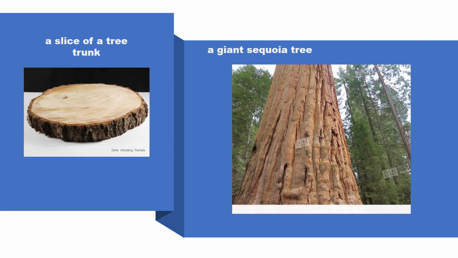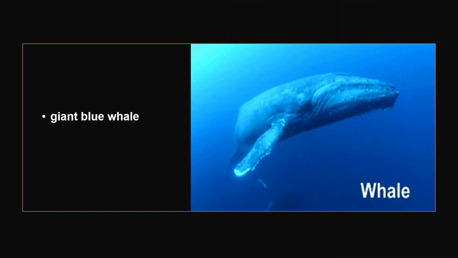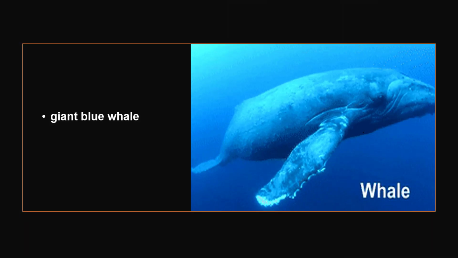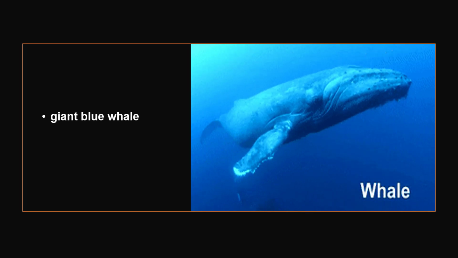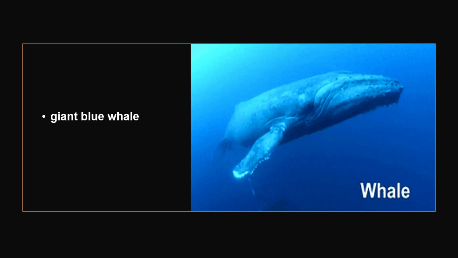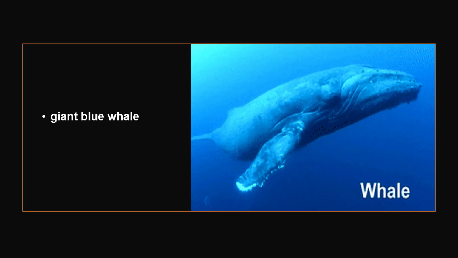A slice of a tree trunk for a giant sequoia tree. قطعة من شجرة السيكوايا. Slice. The next one, a giant blue whale. الحوت الأزرق العملاق أو الكبير جدا، طبعا حجمه يعتبر هو من أكبر الحيوانات على وجه الأرض.